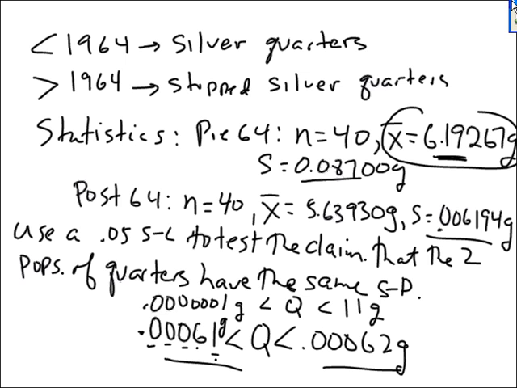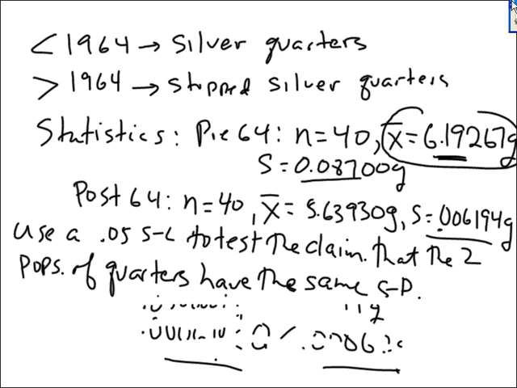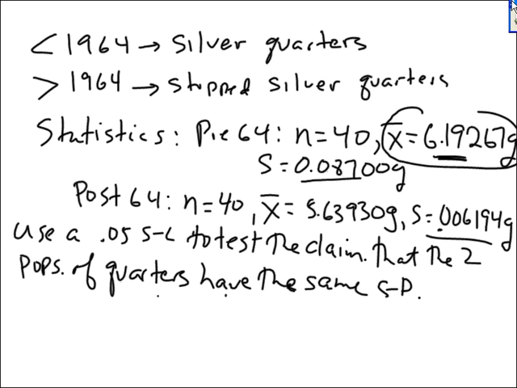So if the standard deviation of the coins got less, the companies could tighten up and modify their equipment, and then it'd be harder to use a slug, a fake coin.